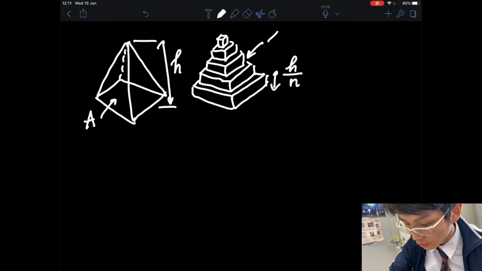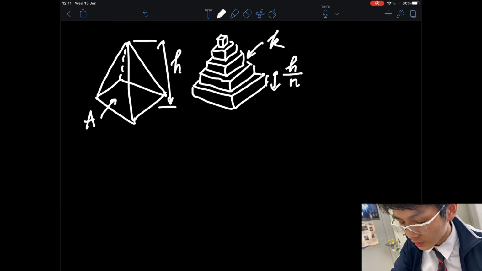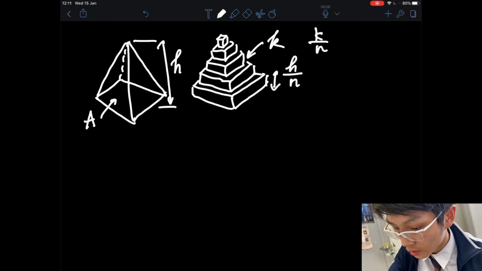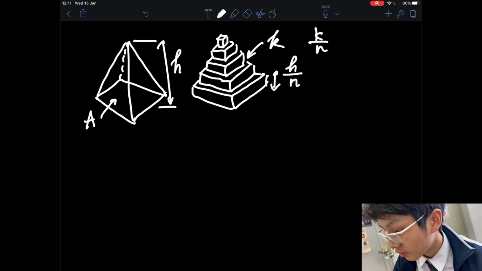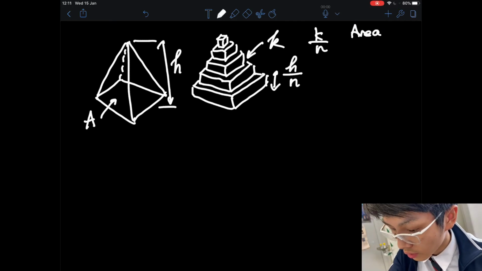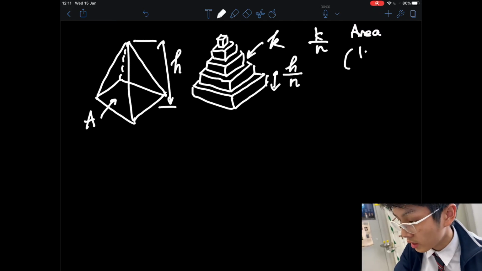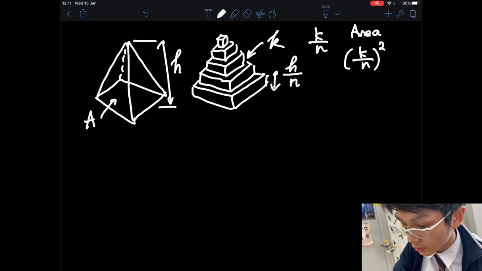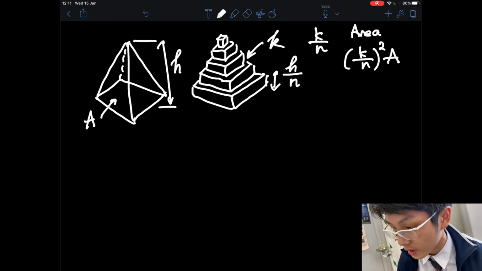So for example, if this is the K layer, then the dimensions of that layer will be K over N as a ratio, and therefore by the area ratio, the base area of the kth layer will be (K over N) squared times A, which is the base area of the lowest layer.